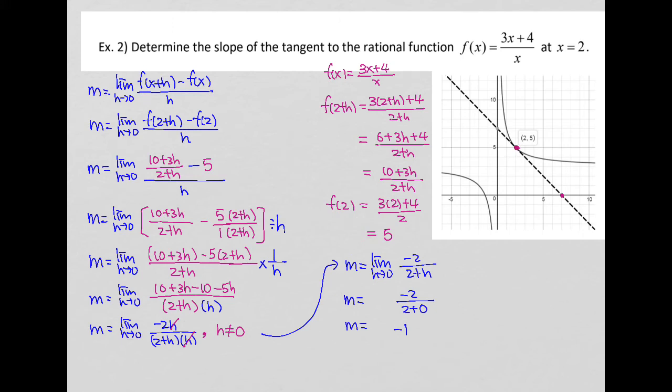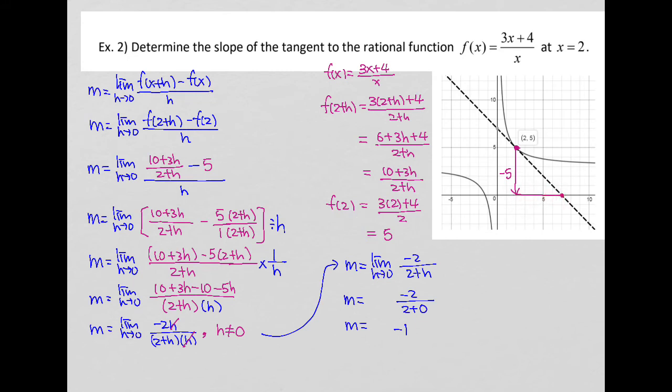The next thing is you make a right triangle. Okay, so I'm coming from (2, 5), this point, to go to this point. That means I have to go down by 5 units, which means negative 5. And I have to go to the right by 5 units again.